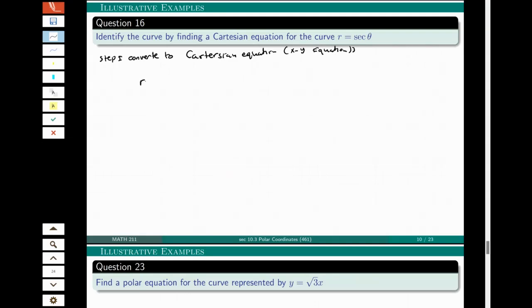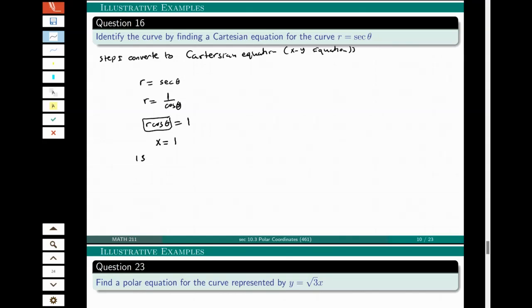So R is equal to secant theta is equivalent to say R is equal to 1 over cosine theta, which means R cosine theta is equal to 1. That means, in our formula, x is equal to 1.